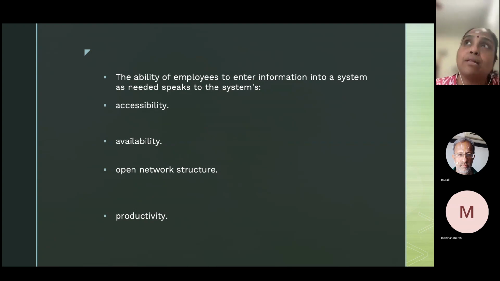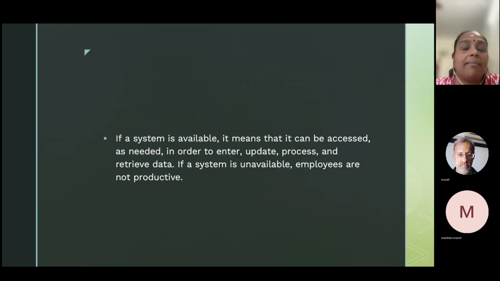Accessibility is only your right to enter information, and only when it's available can you access it. Exactly, so here it is availability. It means it can be accessed as needed in order to enter, update, process, and retrieve data. If the system is unavailable, employees are not productive.